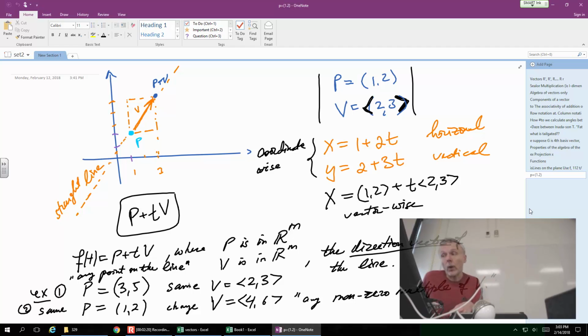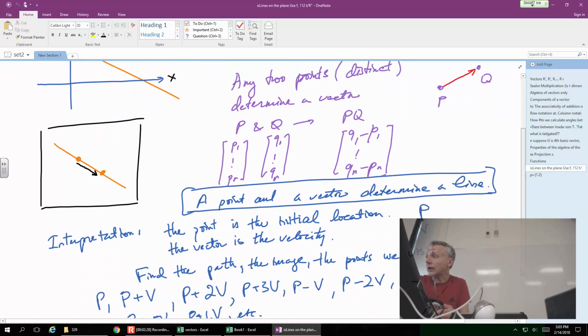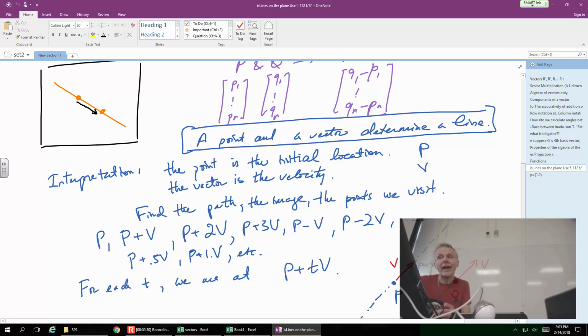So why the ambiguity? The ambiguity comes from the difference between the function and its image. This is the image. The road is the image of your trip. The trip involves how fast and when.